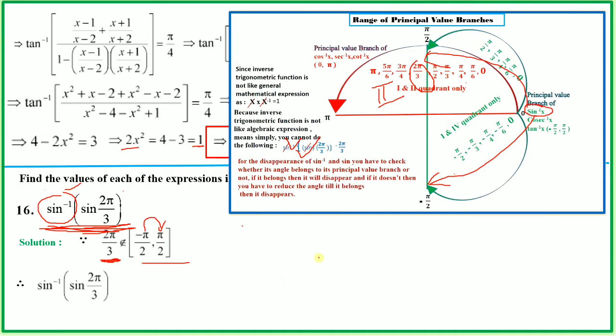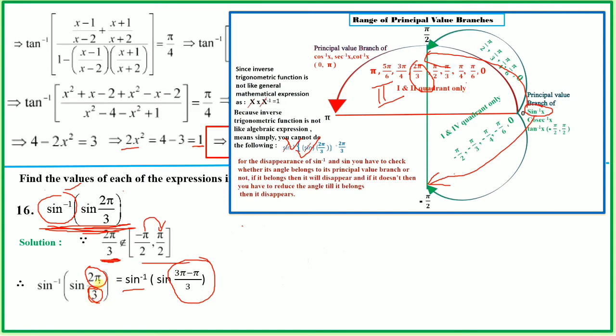Therefore sine inverse sine 2π by 3 is equal to sine inverse of... Now this is very interesting, pay attention here. We need to break this numerator into two parts such that the first one is maximum and the second one is minimum. Another condition: the first part must be divisible by this denominator.